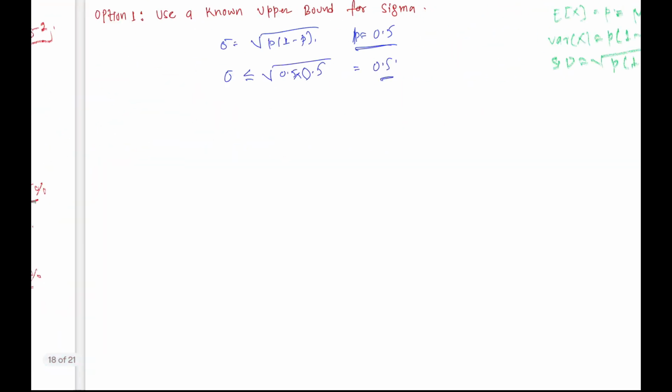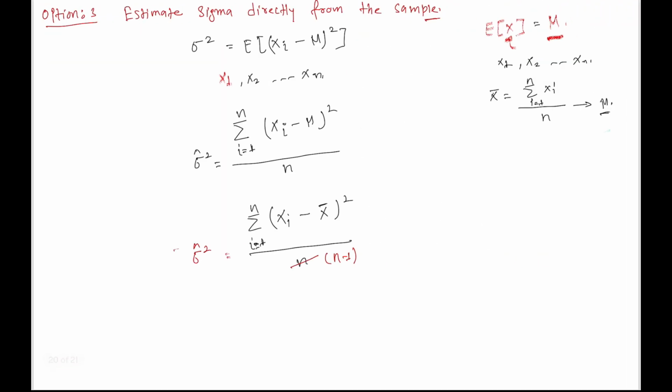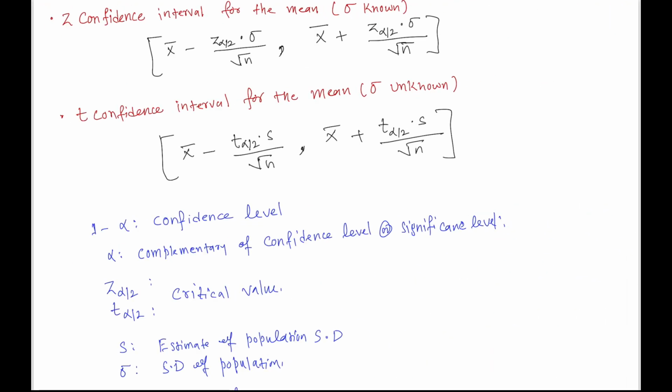All right, so let me give you the summary. Here we have the Z confidence interval for the mean when sigma is known. You can simply put in this sigma and you will have the confidence interval, right? There are a few notations that I haven't introduced but have used, so let me go through these notations first.